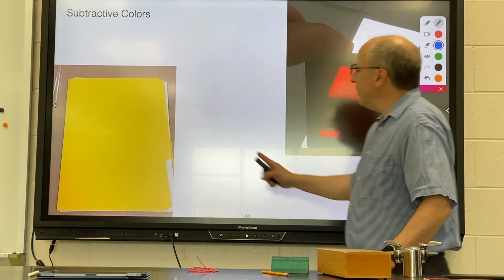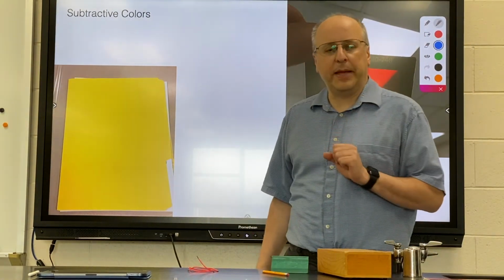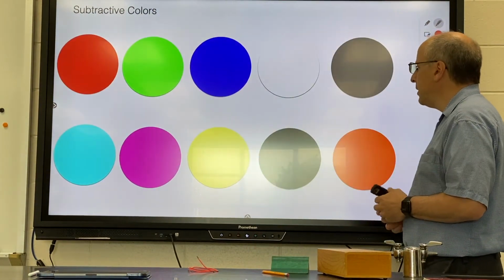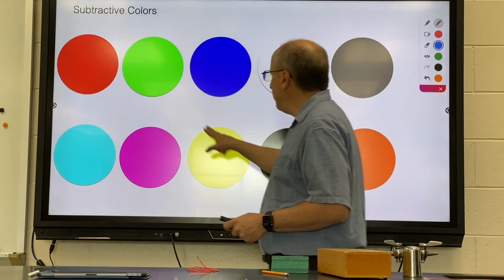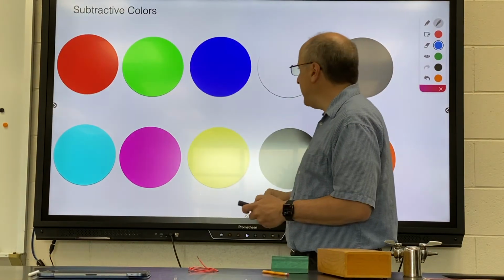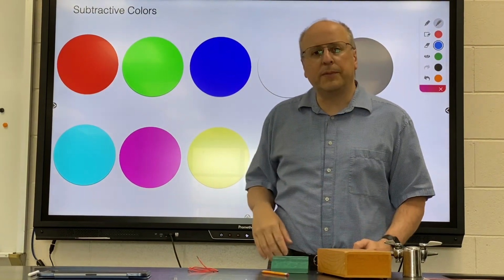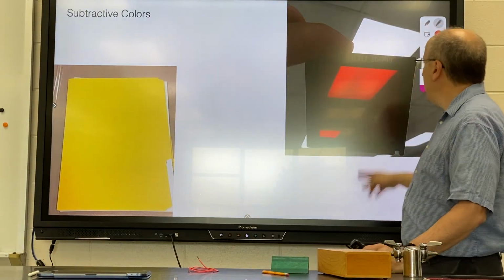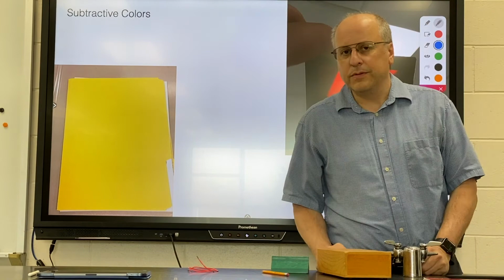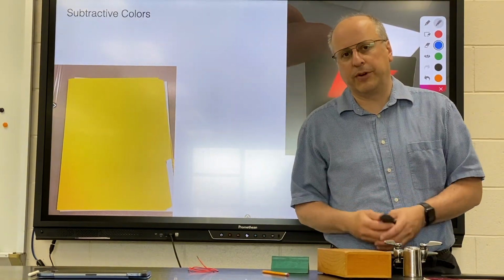So if I have a yellow folder, think about what makes yellow. We go back to our thing here, and we remember yellow is red and green. So if I have a yellow folder, it is absorbing all the blue light. It's reflecting everything else. If I have a red filter, that's allowing red to get through. So that's absorbing blue and green.